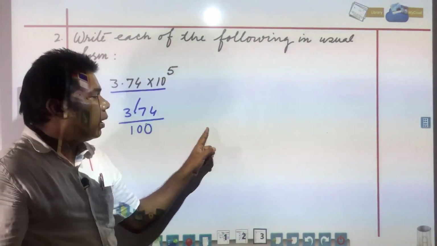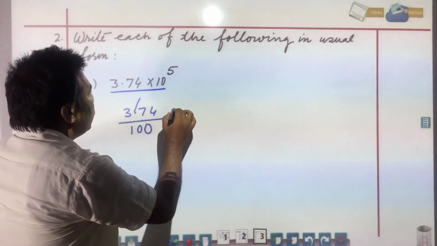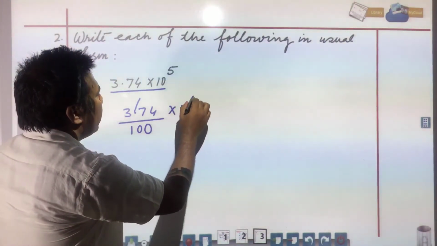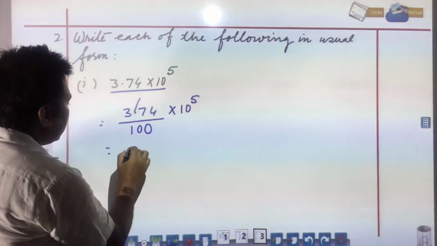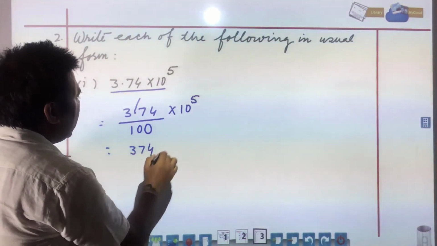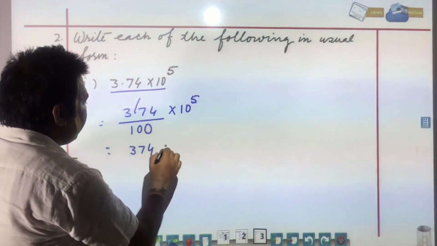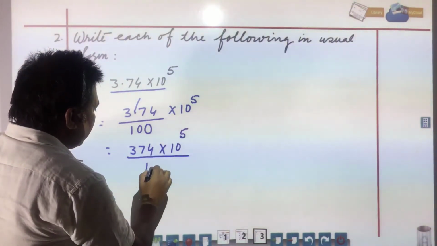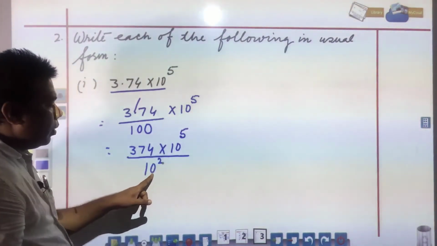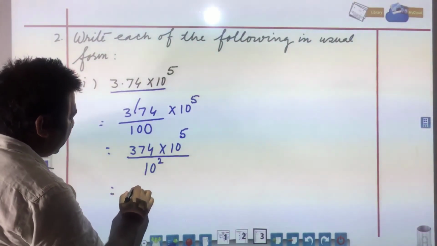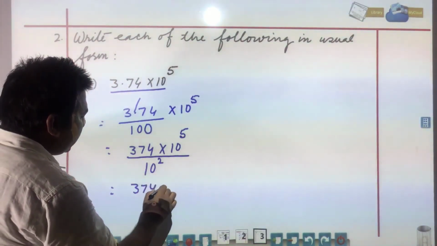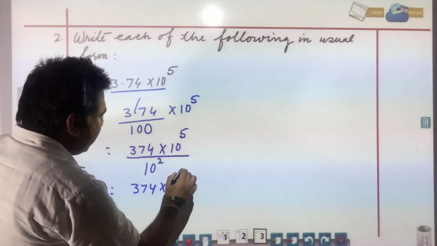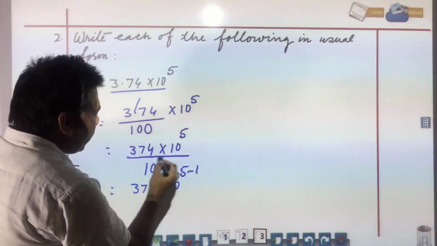It is required to be done into 10 to the power 5. Now this is 374 into 10 to the power 5, and this number can be written as 10 to the power 2, and finally 374 into 10 to the power 5 divided by 10 to the power 2.